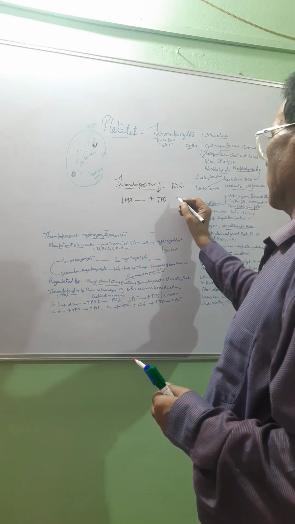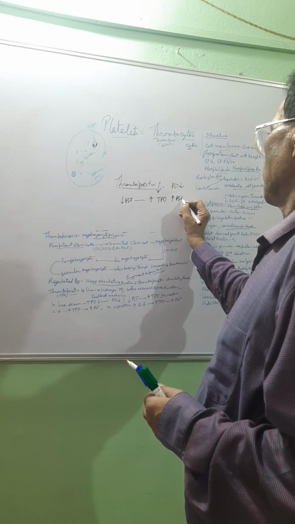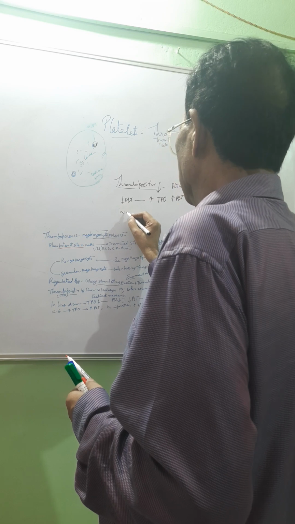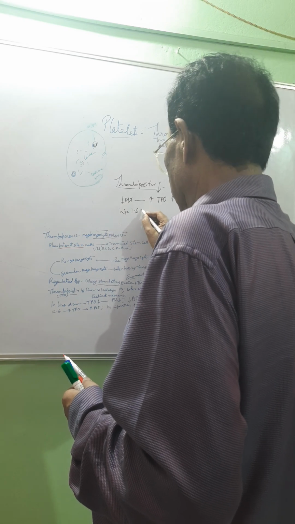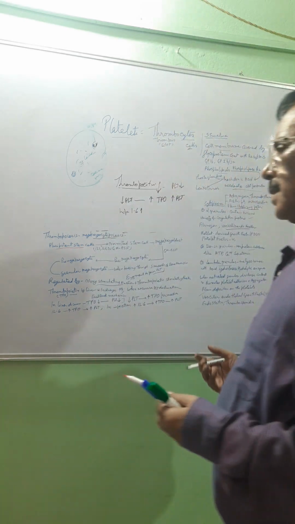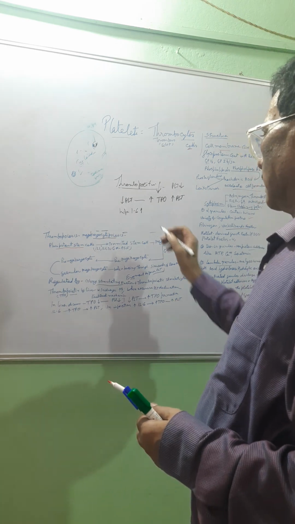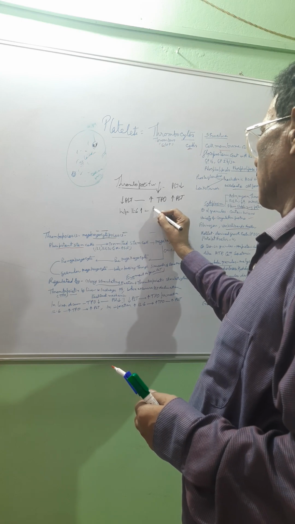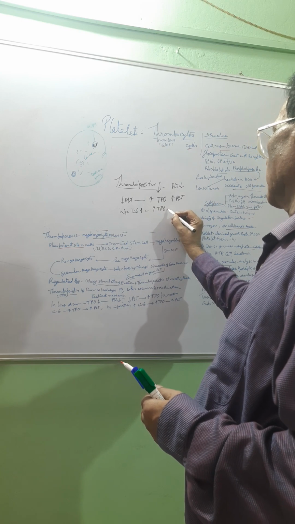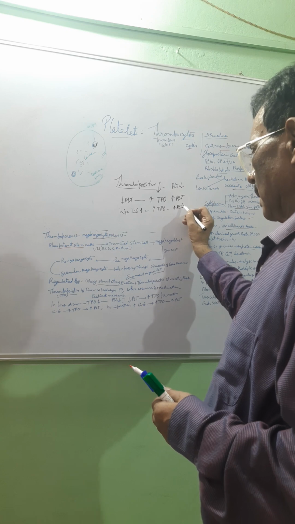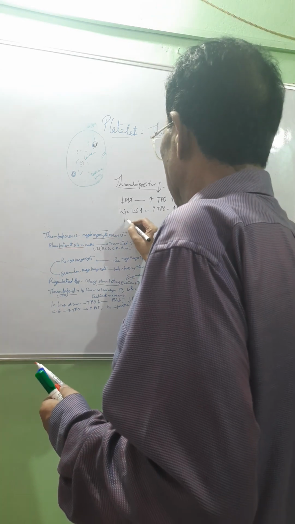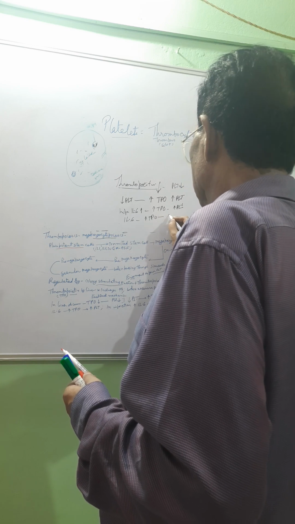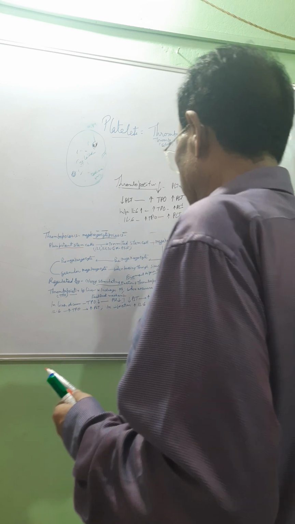In fever, infection, or inflammation, interleukin 6 increases, which increases TPO, thrombopoietin, and so the platelet count increases.